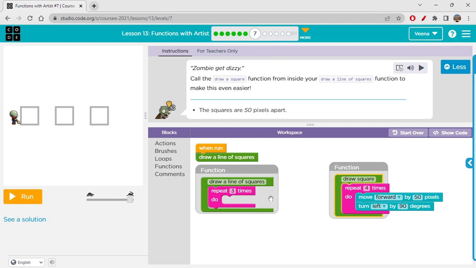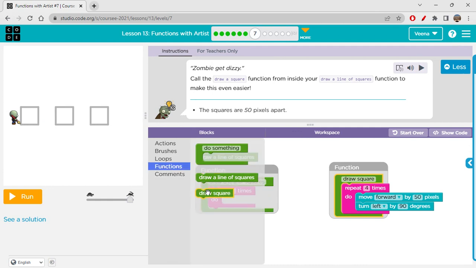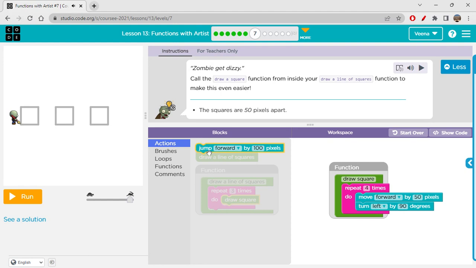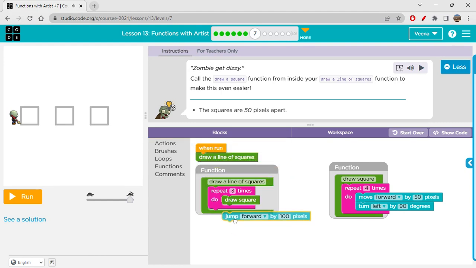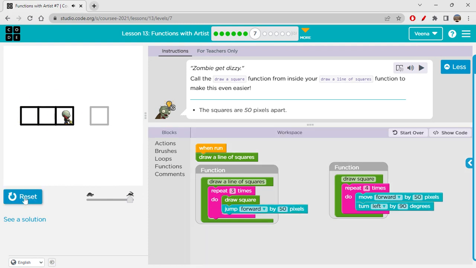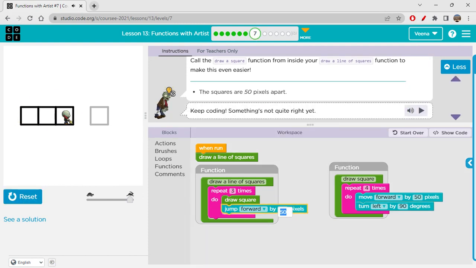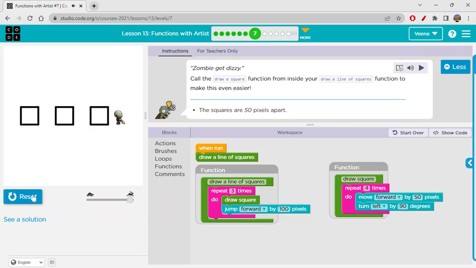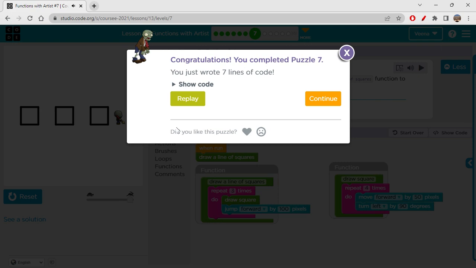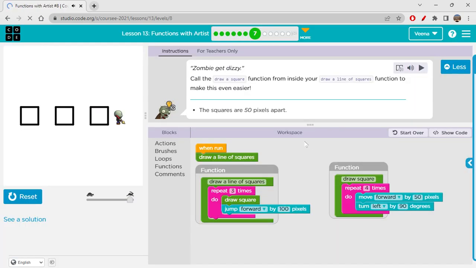What we have to repeat three times is draw a square, and then jump forward by 50 pixels. Okay, it's 100 pixels. Cool. Continue.